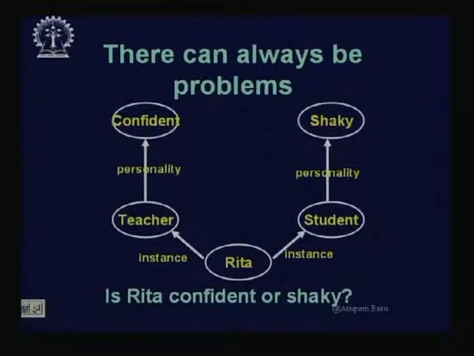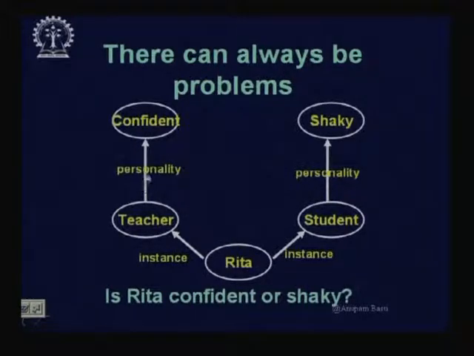But still there can always be problems. Here is another example. Rita, a girl, is an instance of a teacher. Rita is a teacher and Rita is also a student, the same Rita, you see, instance. So, Rita teaches in a school and also goes to a B.Ed class, or some postgraduate class, where she is a student.